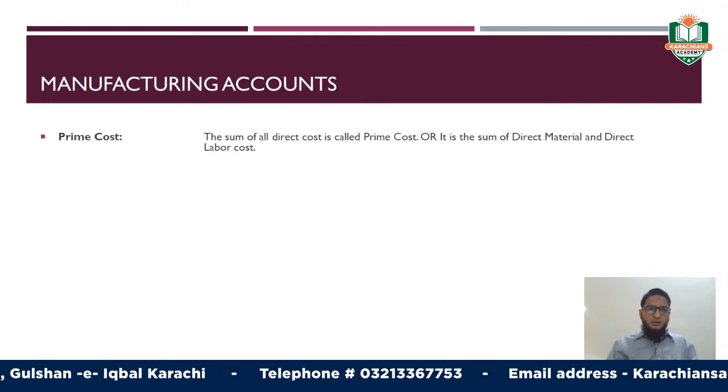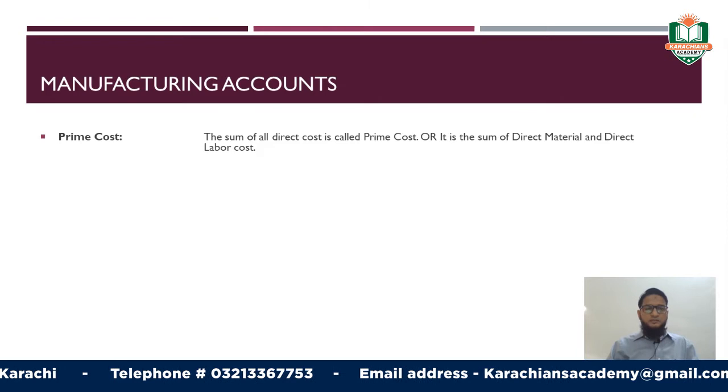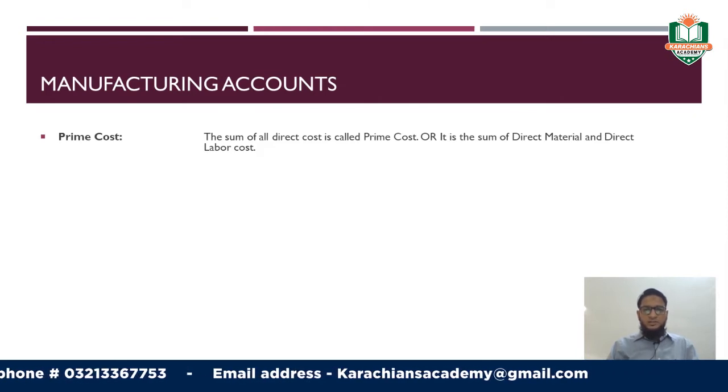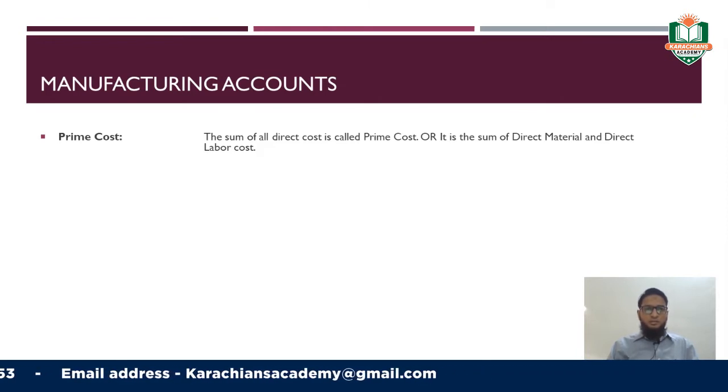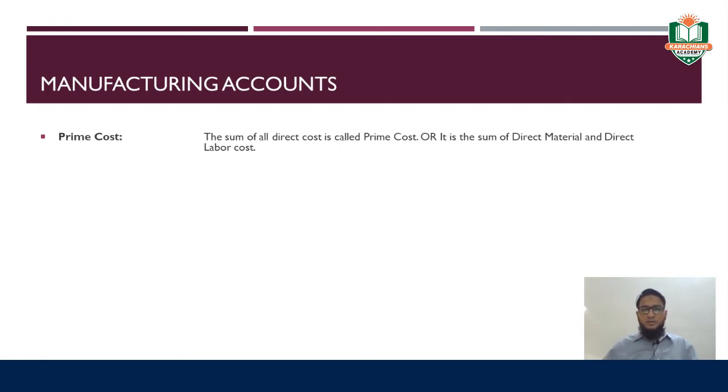Now there are some further terminologies which will be used while preparing or drawing the manufacturing accounts. We should understand what they are. All right. The first one is the prime cost.